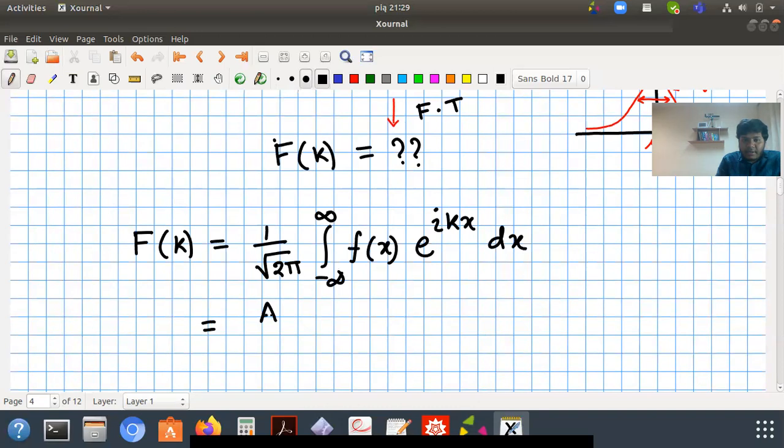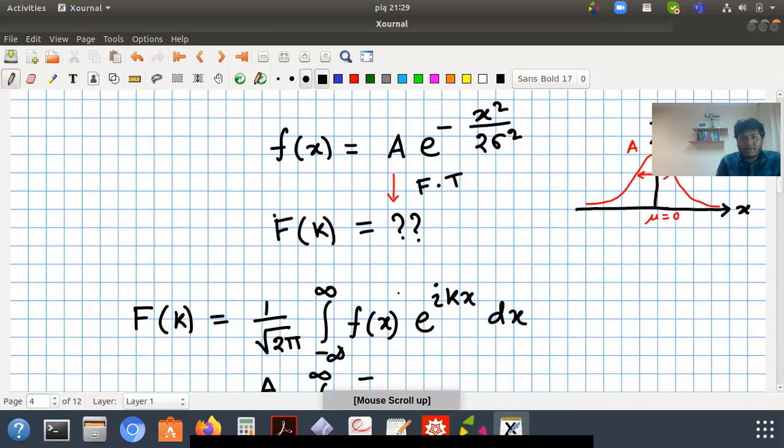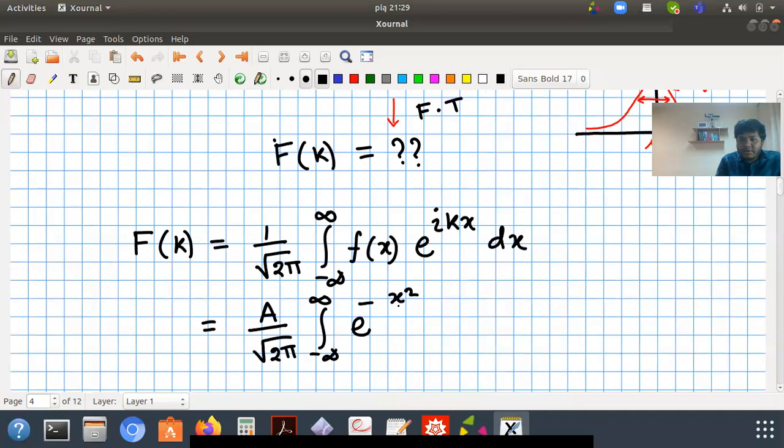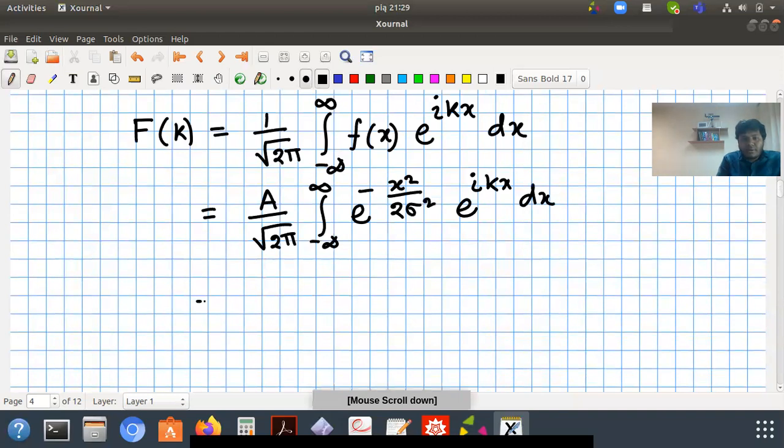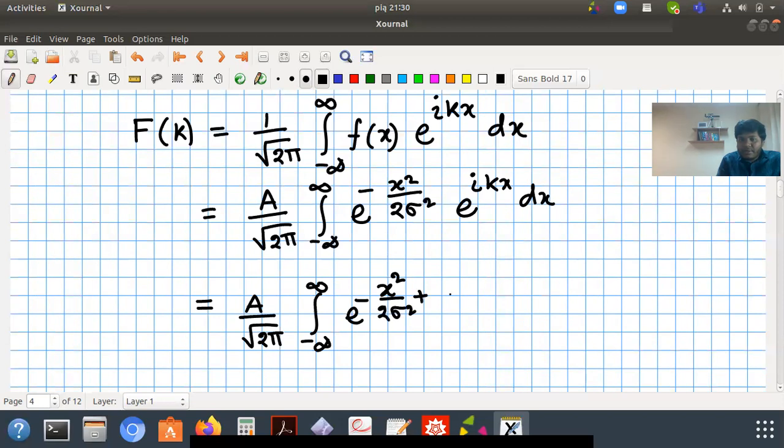So it will be a over square root of 2 pi, integral from minus infinity to plus infinity, e to the power minus x square over 2 sigma square, e to the power i k x dx. Or we can write this as a over square root of 2 pi, integral from minus infinity to plus infinity, e to the power minus x square over 2 sigma square plus i k x dx.